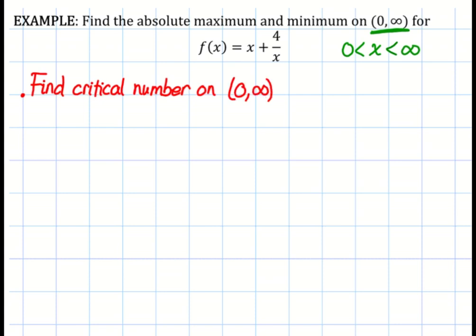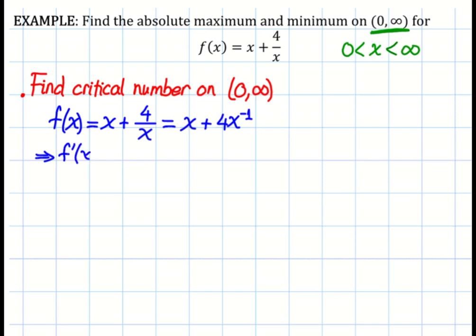So we just take the derivative of the function, and we rewrite the function f of x equal to x plus 4 over x as x plus 4x to the negative 1. I rewrite it like that so it is easier to take the derivative. Now we take the derivative, it is just the power rule.